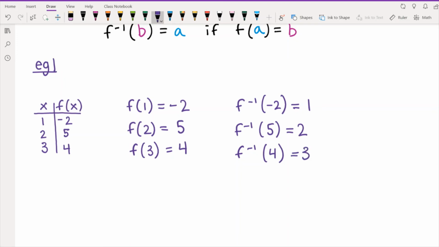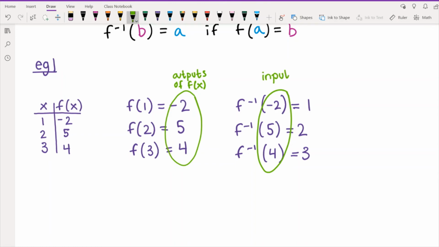So does that make sense? It's basically just asking you to work backwards. It's this function that reverses the roles of inputs and outputs. That's really the main way I like to think about inverse functions: it switches the roles of what are your inputs and what are your outputs. The numbers that were originally the outputs of your original function become the inputs of the inverse function.